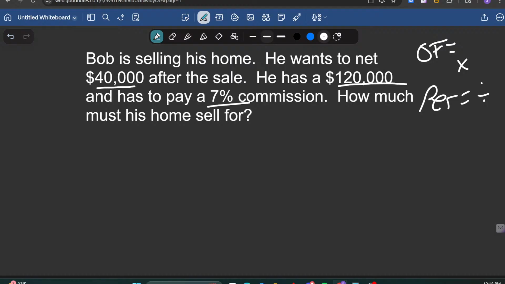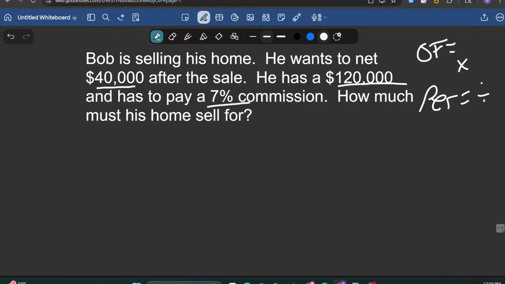Now, in these seller net problems, the first thing I'm going to tell you is it doesn't really matter what these numbers are for. Like the 40,000 that he has to net, or this mortgage, it doesn't matter. It could be a water bill. It's something that the sale needs to yield. It doesn't matter what it's for; the sale needs to yield that.